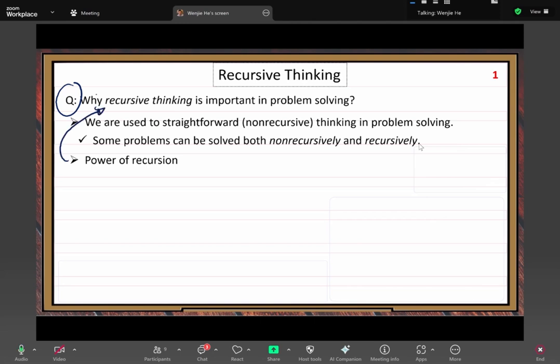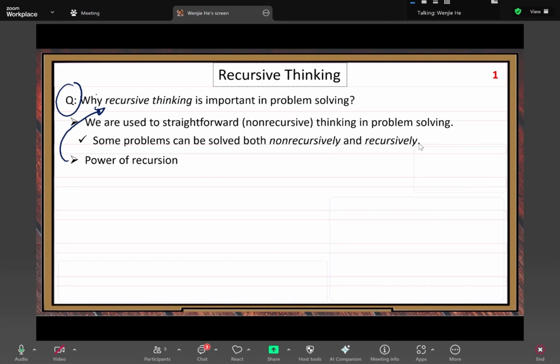So we want to use its power to solve usually hard problems. For simple, easy problems, maybe not necessary. Although you can if you want, usually it is not necessary to use recursive algorithms.